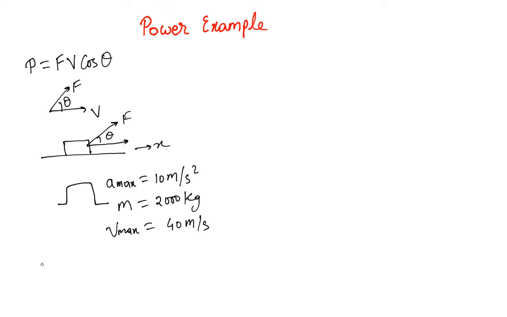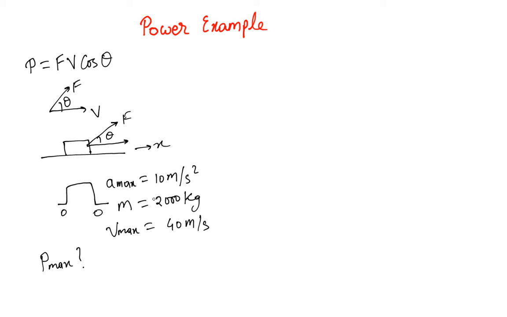So what is the maximum power this car has? Like, what is the most amount of power this car's engine can put into the motion? That looks nothing like a car, but let's assume that's a car.